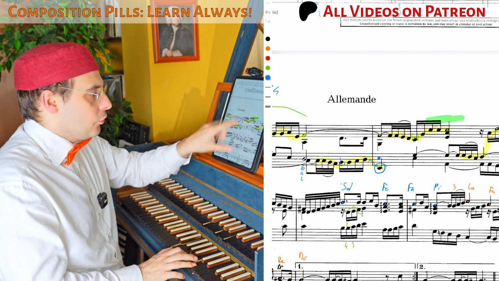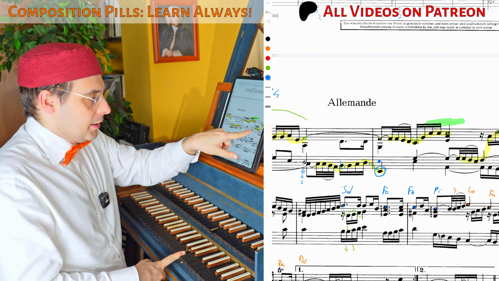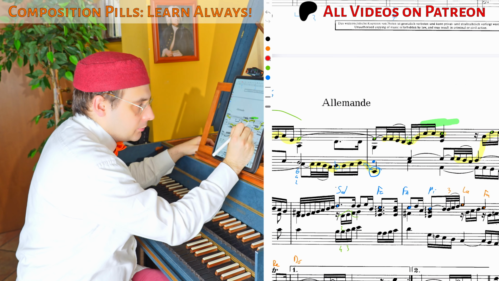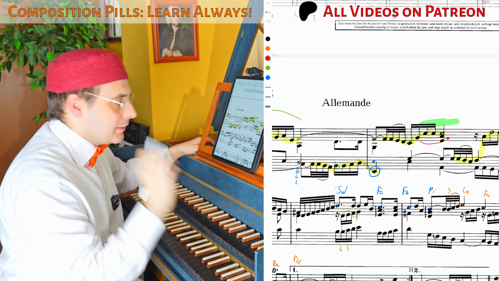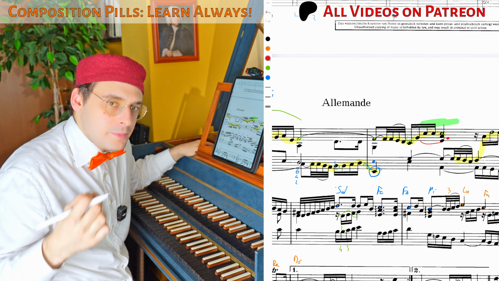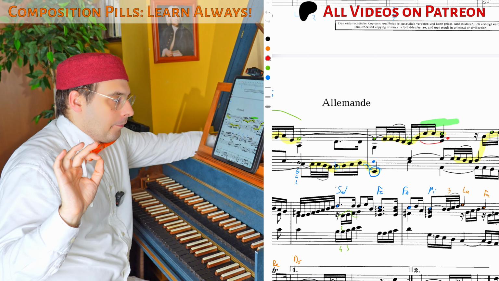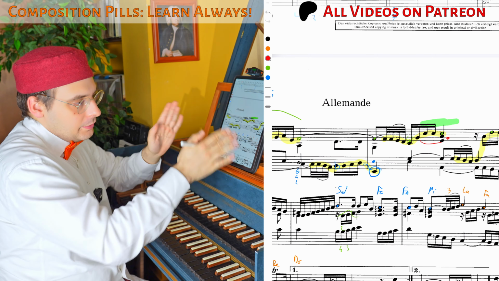Here, we will also need to prepare the G, so the seventh, for example, from this note. Understanding this kind of analysis means being able to make other versions of some parts.